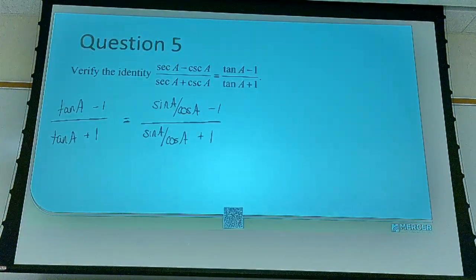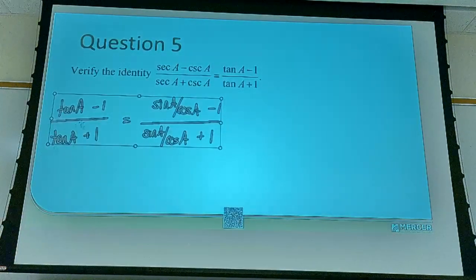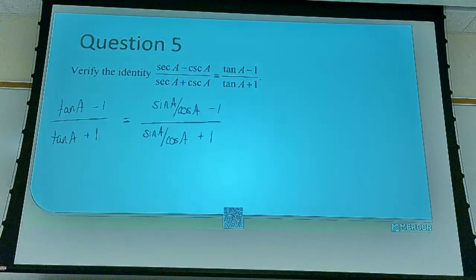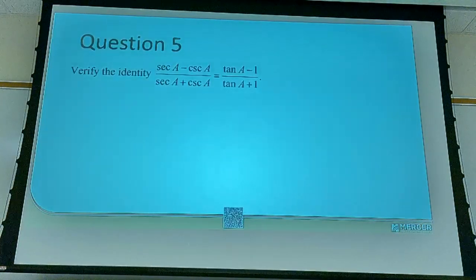So I'm going to leave that there. I duplicated it. Let's show you. Start from the left-hand side, see where that gets us.